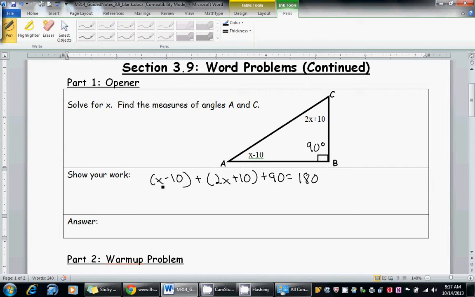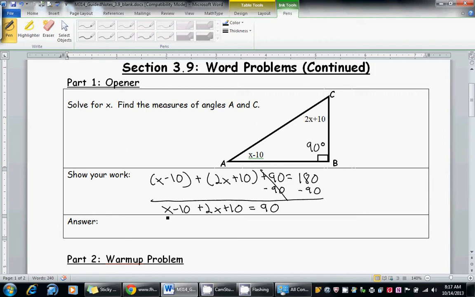Let me subtract this 90 over to the other side, and I can see that my two angles add up to just 90 degrees. I got rid of the parentheses because there was nothing to distribute.